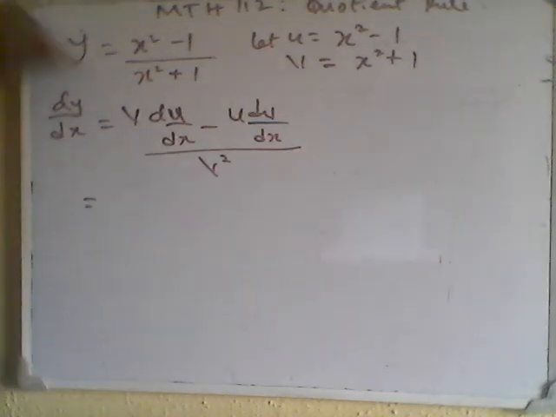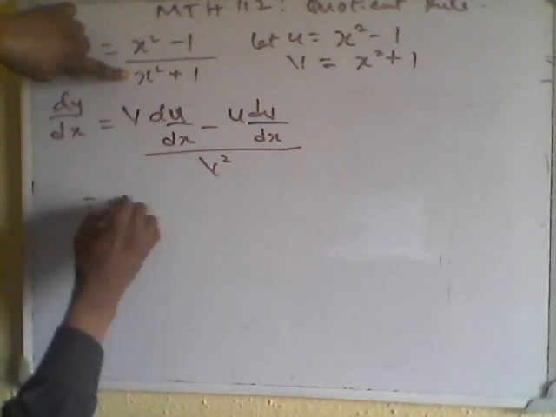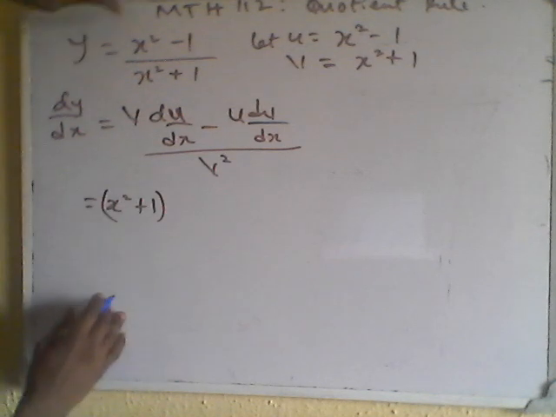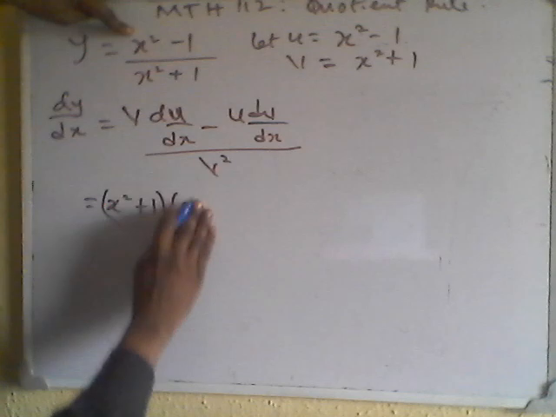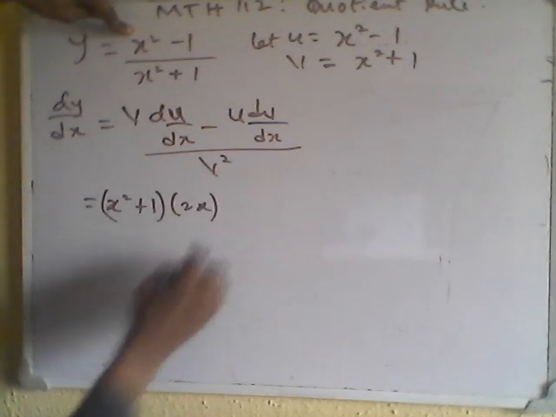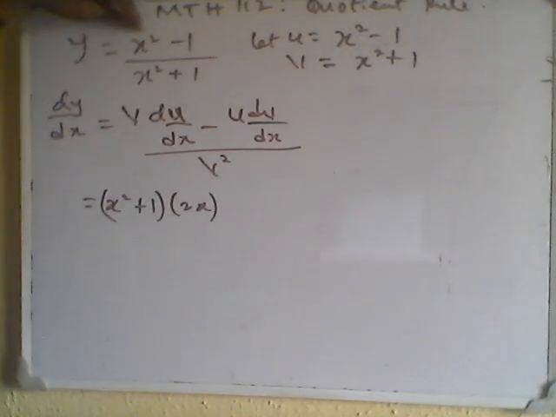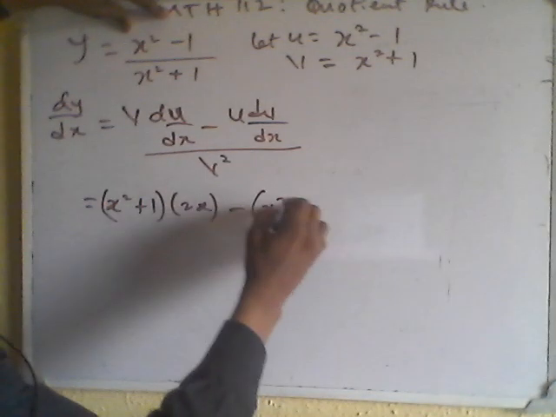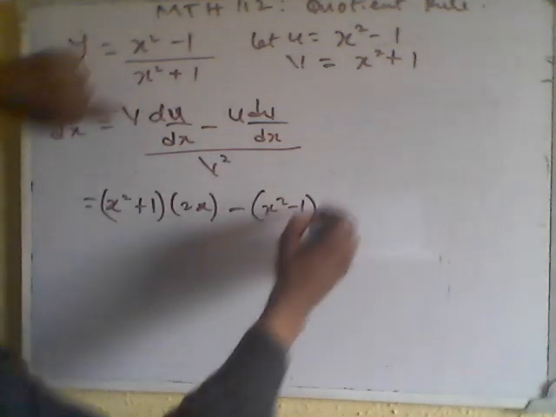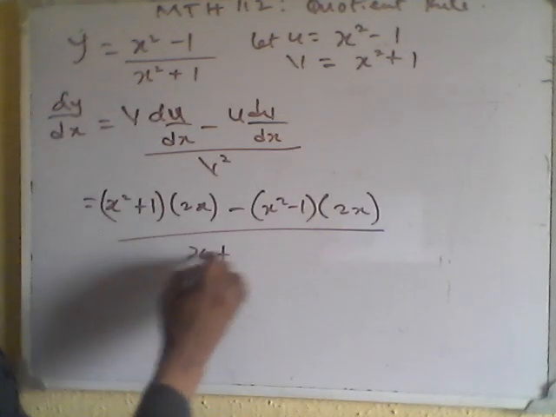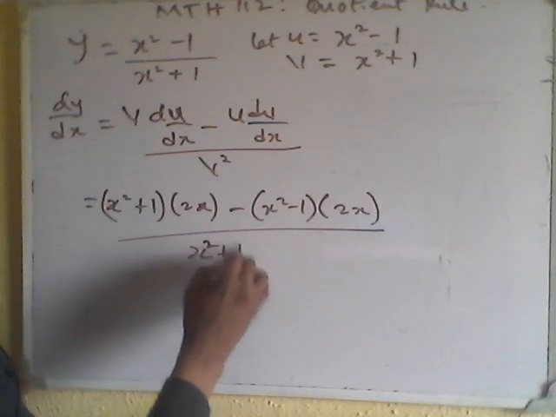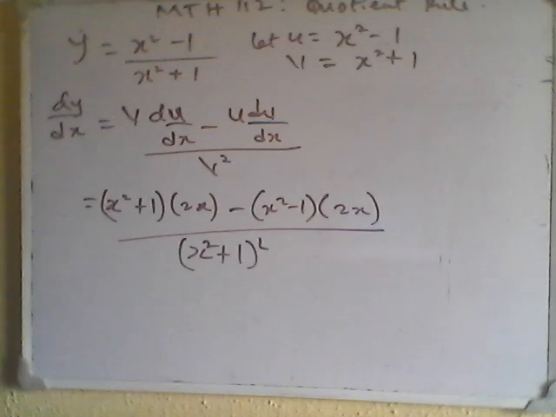So I'll just write it there. Bottom is x squared plus 1. The top is 2x. Okay, at this stage you should just know how to differentiate this thing without thinking about it. Okay, minus top, this top, then the bottom is 2x over bottom square. Bottom square is x squared plus 1 all square, right?